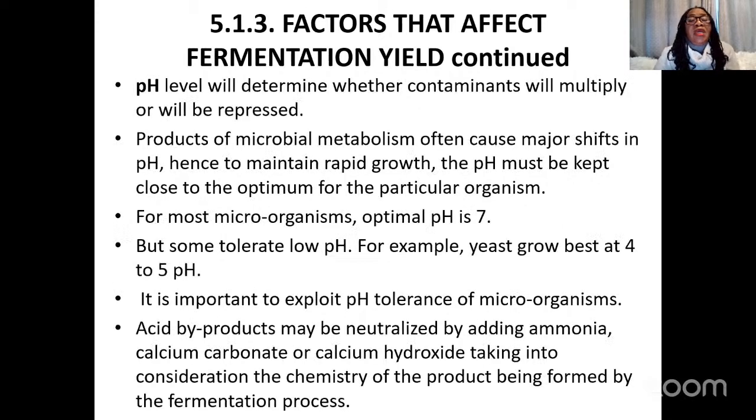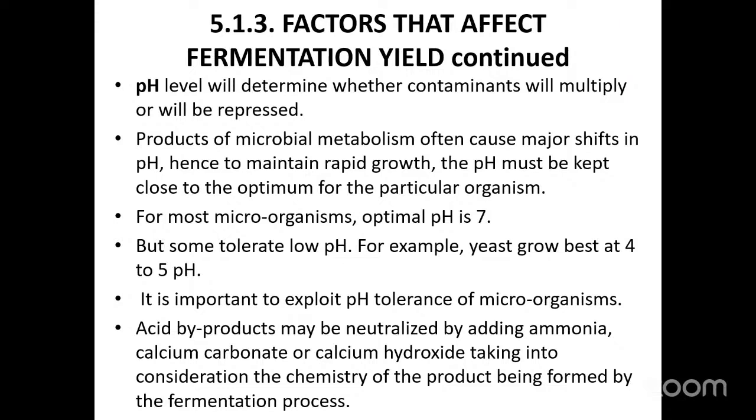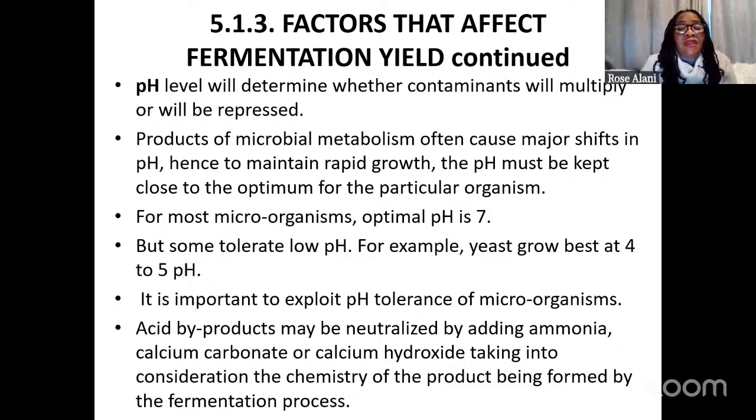Another condition is pH level. Different microorganisms thrive well under different pH conditions. There are some that will work optimally at pH of 7, and some will tolerate low pH, growing best at pH 4 to 5.